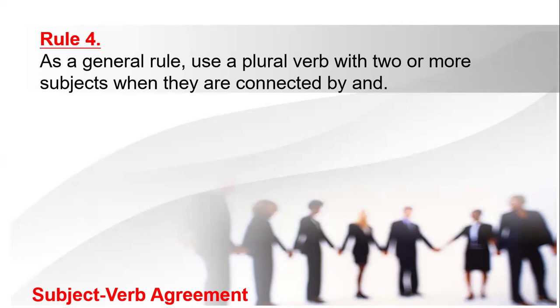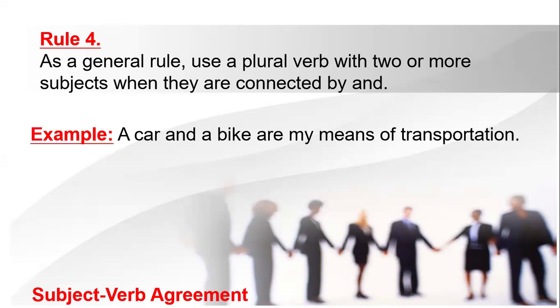When you have more than one subject, and mostly when they are connected by and. But sometimes, for instance, here, a car and a bike are my means of transportation. A car, a bike, which means both are separate. That's why we have used are.